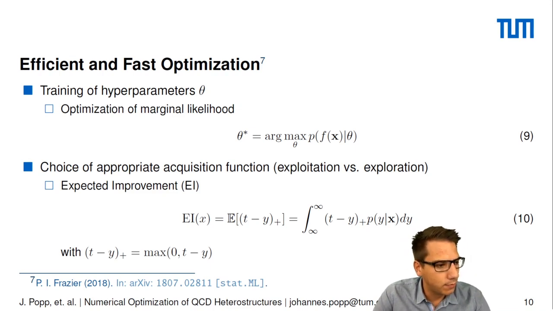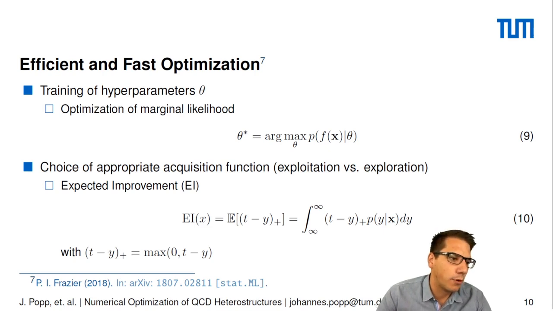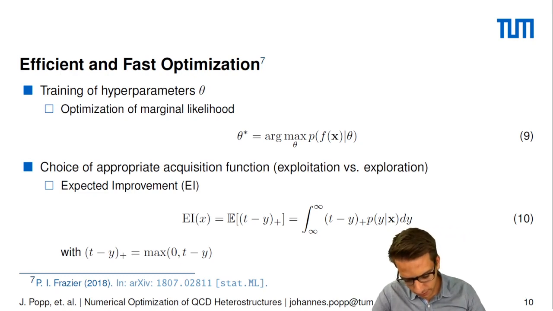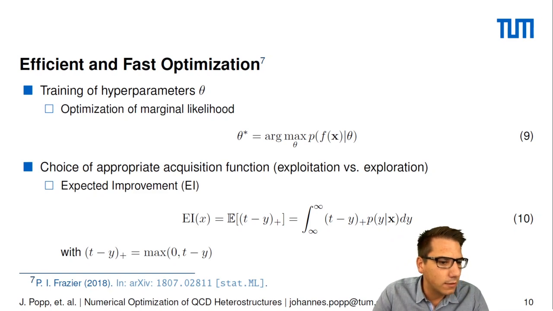So the next point is to choose an appropriate acquisition function. Here we have to think about exploitation and exploration. We have to think about both of these things. Exploitation means here the model believes that the mean value is high at these input space values.